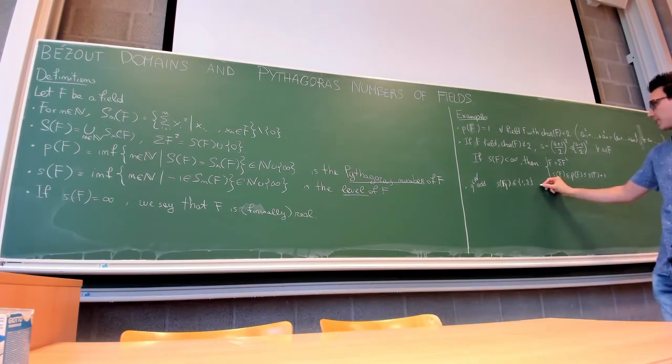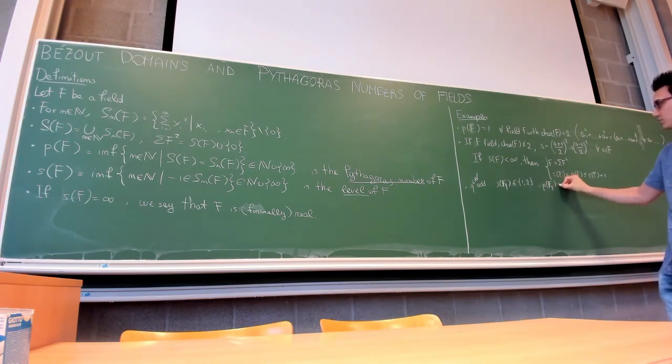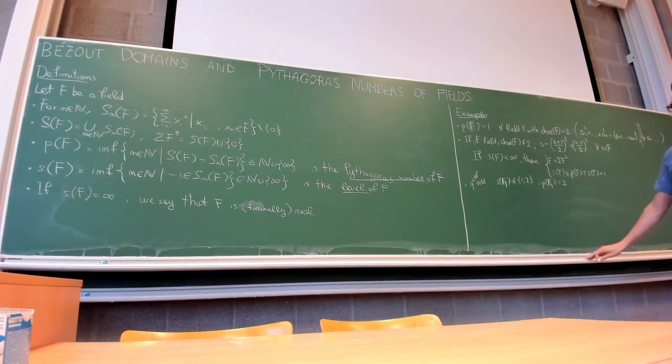And the Pythagoras number is always 2, so you can see that both of these cases in this situation already apply. But as I was saying, I'm not going to spend much time on the non-real fields, because what can happen is very limited.